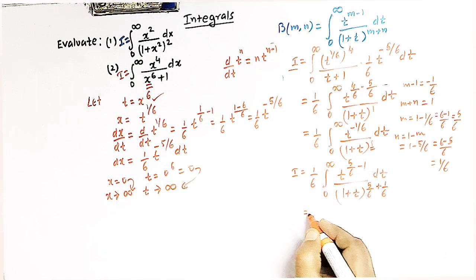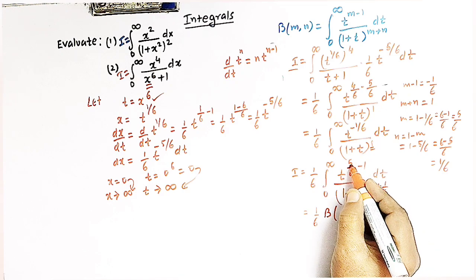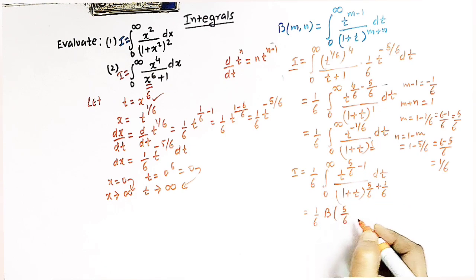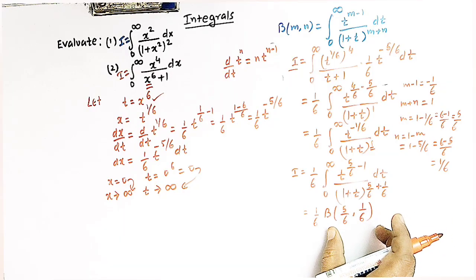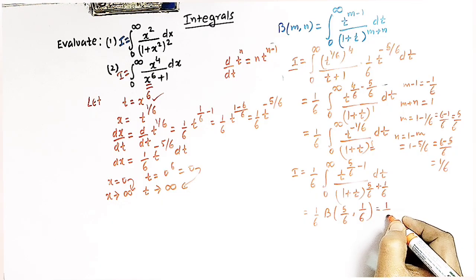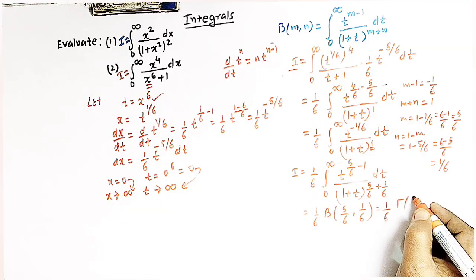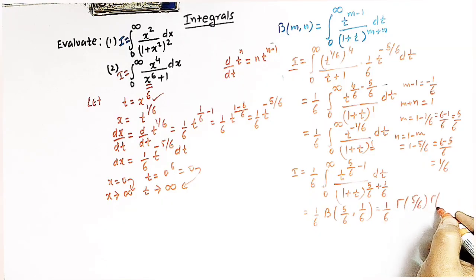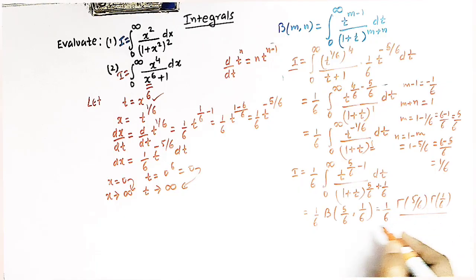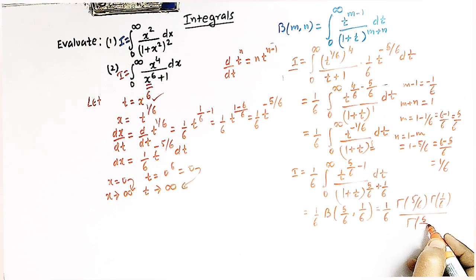So we can now write 1 over 6, and we have the beta function, that is beta m comma n. M is 5 over 6, and n is 1 over 6. So let us now calculate the value of this expression. So using the relationship between beta function and gamma function, we have gamma 5 over 6, then we have gamma 1 over 6, and here we have gamma 5 over 6 plus 1 over 6, right?